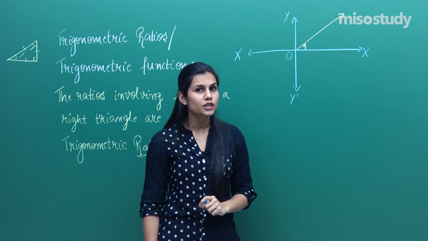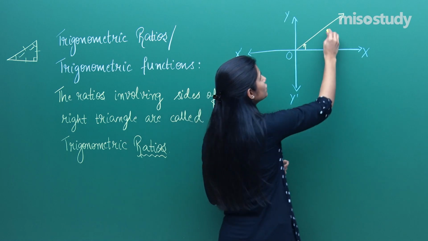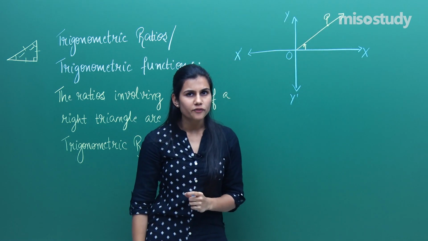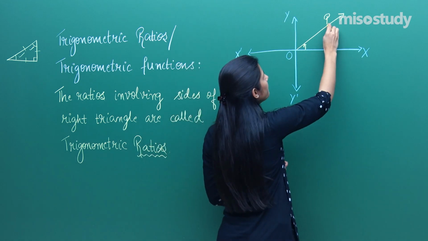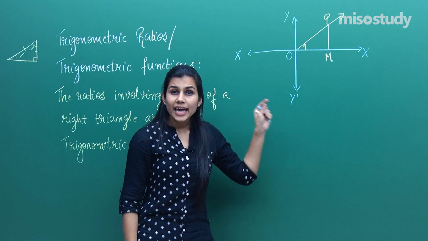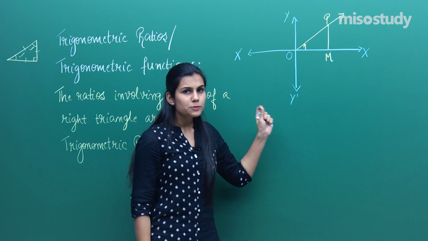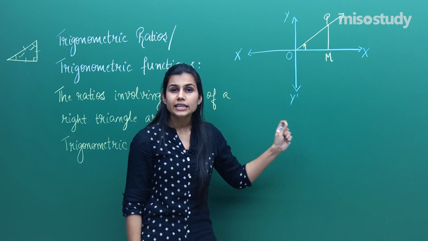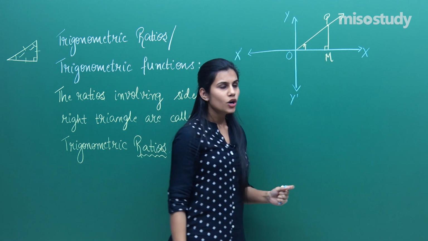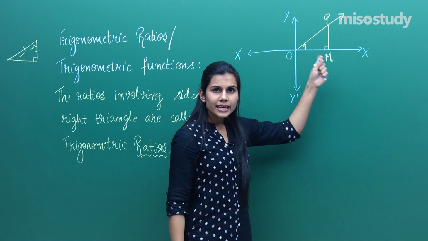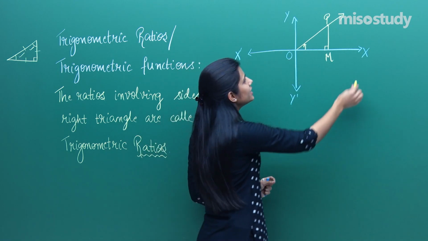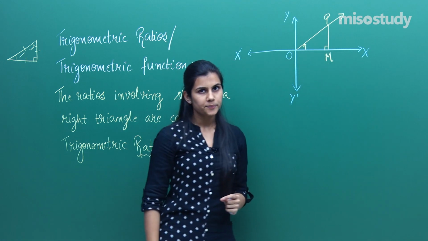In that case, the angle which is formed is known as the angle in standard form. And suppose you take any point P on the terminal side of this angle and you drop a perpendicular PM on the x-axis. This procedure results in a right triangle, MOP, known as the triangle of reference of the angle XOP.